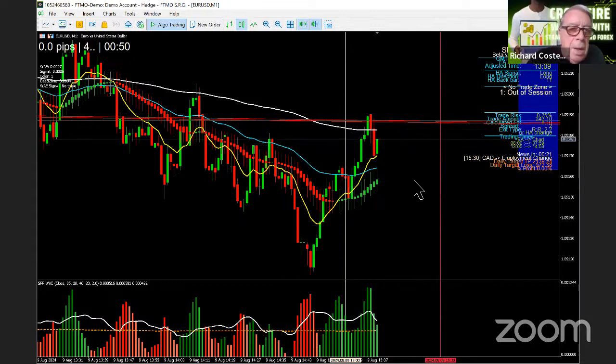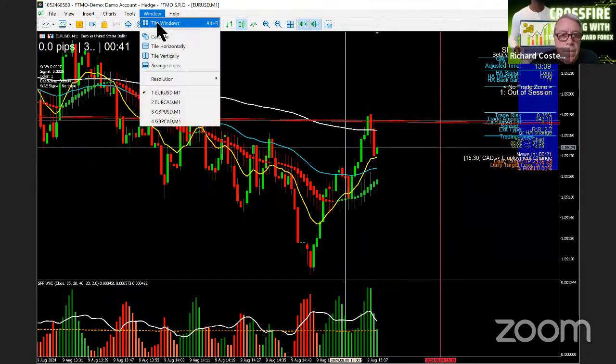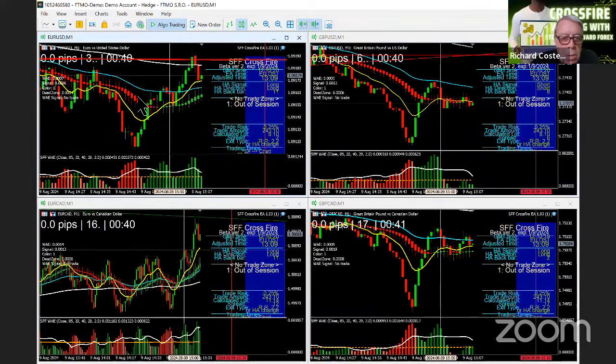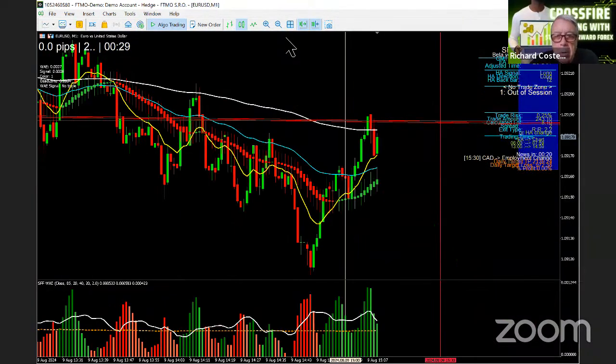There are no green lines on this chart, but sometimes if I go back to the four, you can see that there are green lines there. Look. And they're from previous sessions, and we don't really need to see those. So that's just a warning about what to ignore.